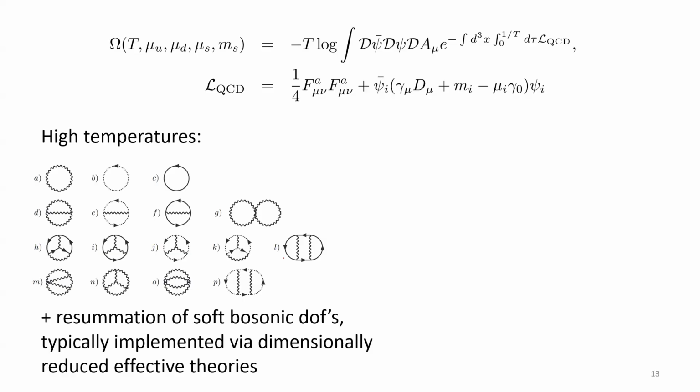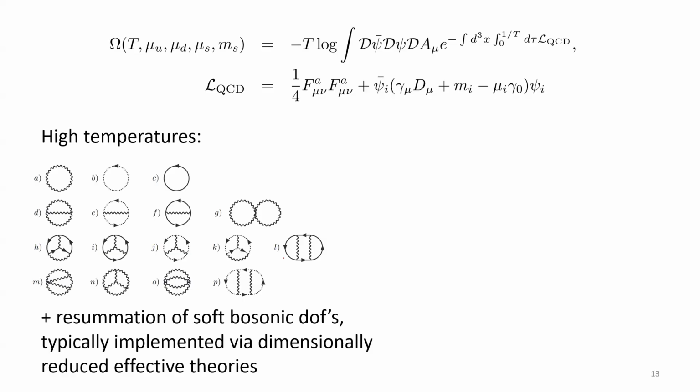At high temperatures especially, there's a long history, predating lattice simulations, of computing these vacuum diagrams where we have gluons, ghosts, and quarks. As I mentioned yesterday, at some point you run into infrared problems.